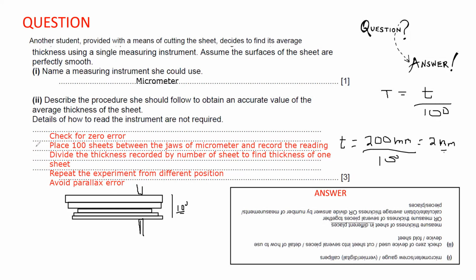So the main purpose for this second point is to improve the experimental accuracy, because measuring thickness for one will be very small and it may lead to an error. But when we record the thickness for 100 sheets, it's a large value, so it will reduce the chance of error.